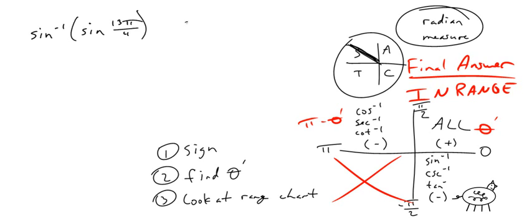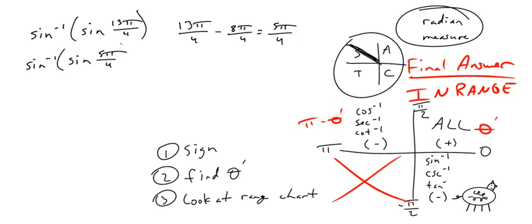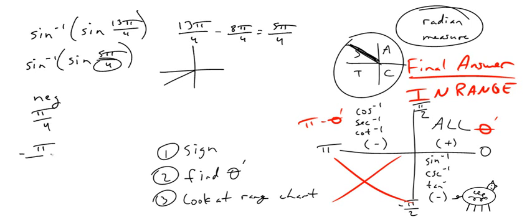Isn't 13 pi over 4 minus 8 pi over 4 equal to 5 pi over 4? So my new problem is really inverse sine of the sine of 5 pi over 4. It helps to figure out what quadrant you're in, because you know you're going to be in this quadrant now. I know my reference angle is pi over 4. Don't you guys agree it's negative? It's pi over 4, so my answer is negative pi over 4. There you go. Done with the problem. That's pretty easy.